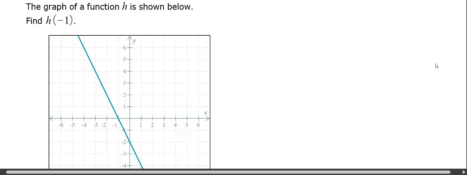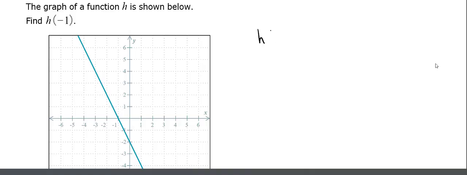So next we're given a graph of a function, and it's asking us to find h at -1. So remember, in previous problems, whatever was inside this parentheses was our x value. So what we're going to do in this case is come to our x-axis on our graph and find -1.